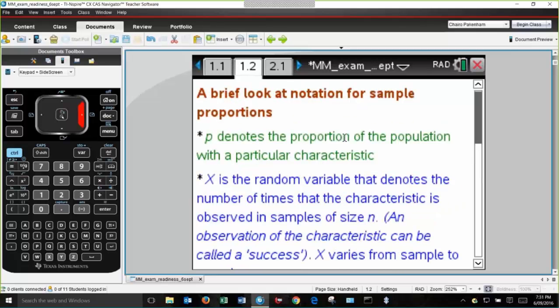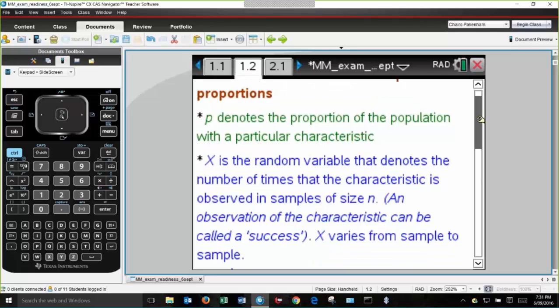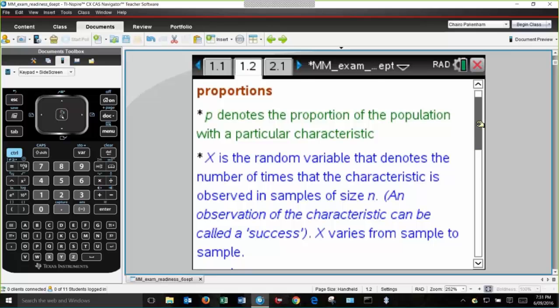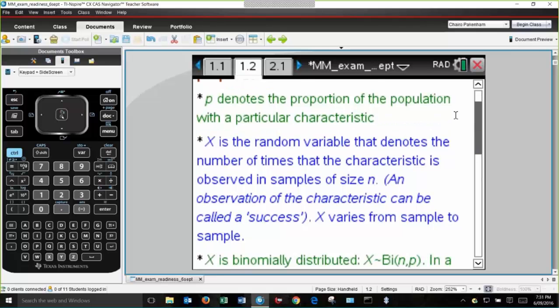So P denotes the proportion of the population with a particular characteristic, so that might be the proportion of the population who are left-handed, or the proportion of white cars in a car park, or whatever. Capital X is the random variable that denotes the number of times that the characteristic is observed in a sample of size n.